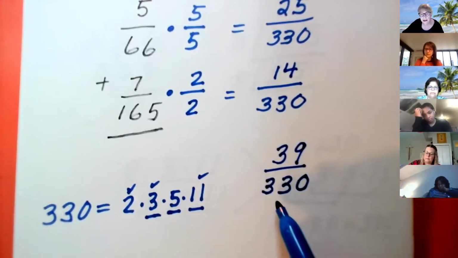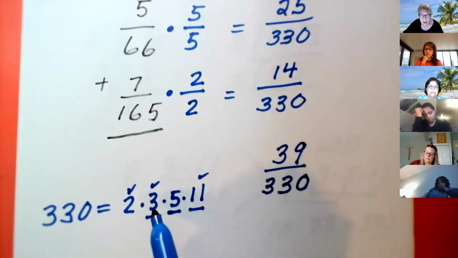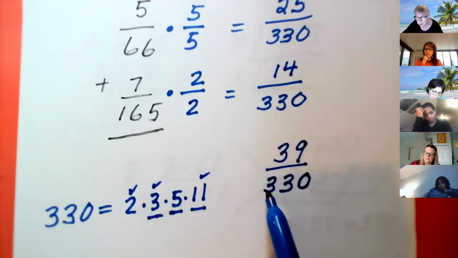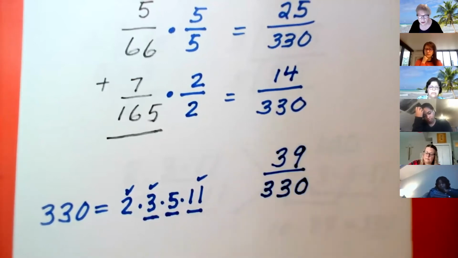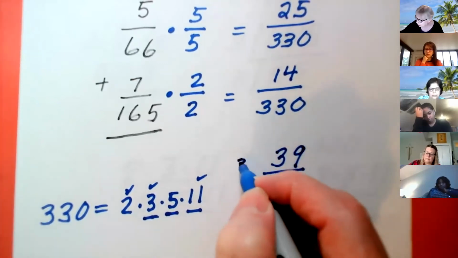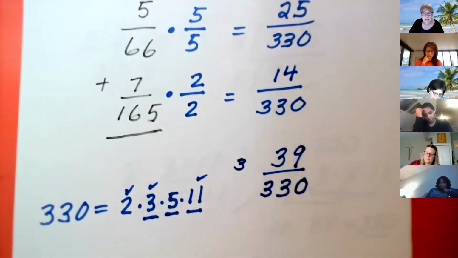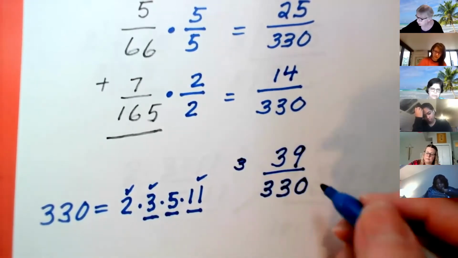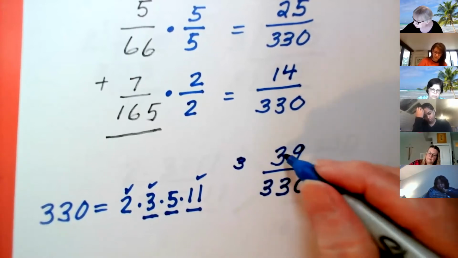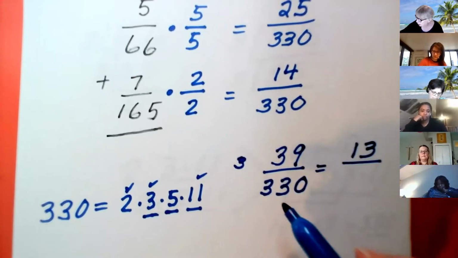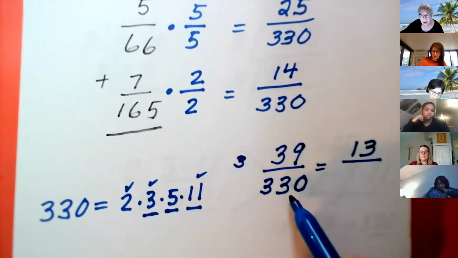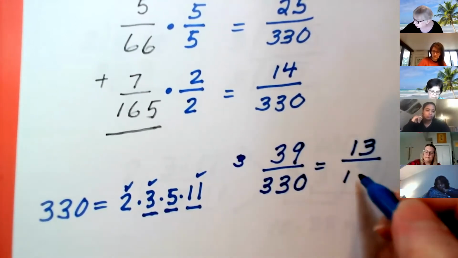What I'm seeing, remember, 330 had a 3 in it, and you can see the 3 from here. And this 39 also has a 3 in it. So I'm thinking my best bet is to divide both of these by 3. So 3 into 39, 3 into 3 is 1, into 9 is 3. 3 into 330 would be 110.